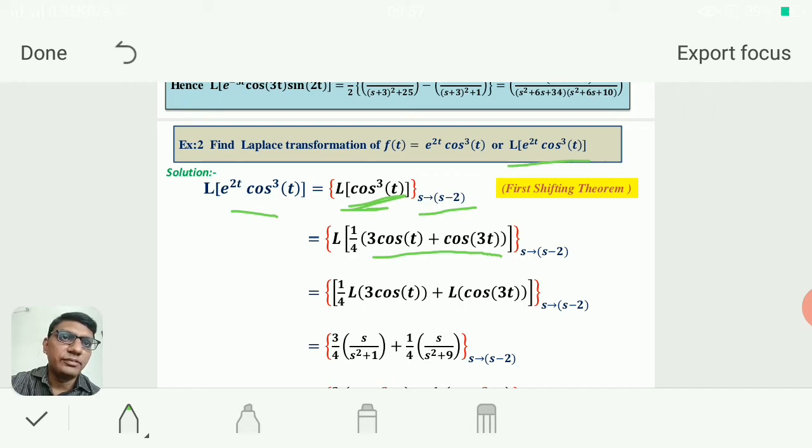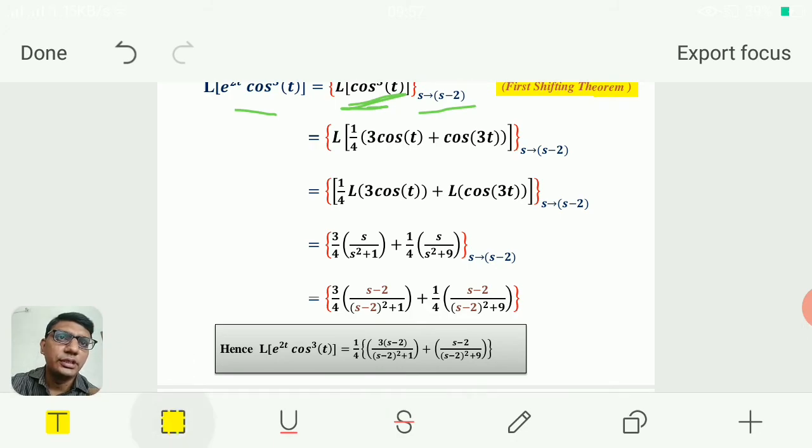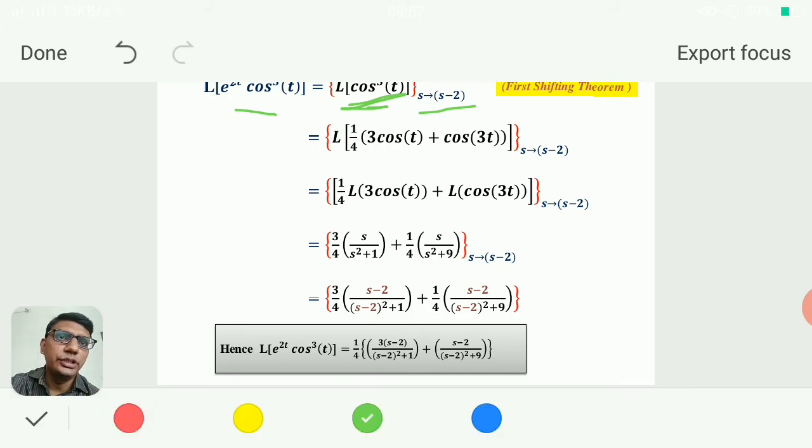Taking the 1 by 4 common, we get the Laplace of 3 cos t and Laplace of cos 3t. Now we know Laplace of cos t is s upon s square plus 1 and Laplace of cos 3t is s upon s square plus 9. So we are applying directly the Laplace of cos 3t and cos t.